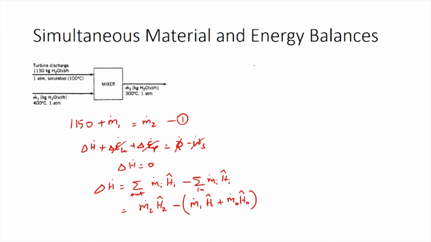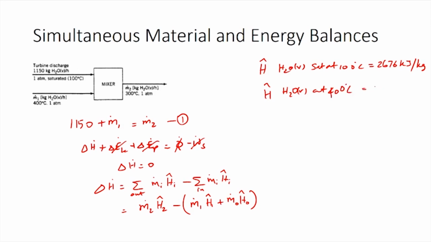Looking up the steam tables, we can identify these values. The specific enthalpy for water vapor which is saturated at 100 degrees Celsius is equal to 2676 kilojoules per kilogram. The specific enthalpy of water vapor at 400 degrees Celsius, which is the superheated steam, would be 3278 kilojoules per kilogram.